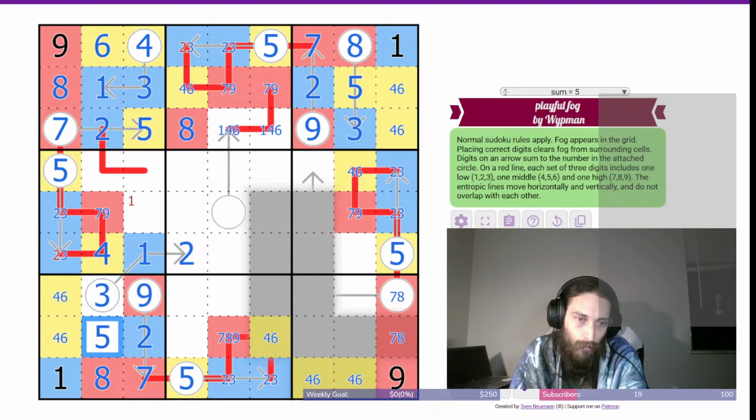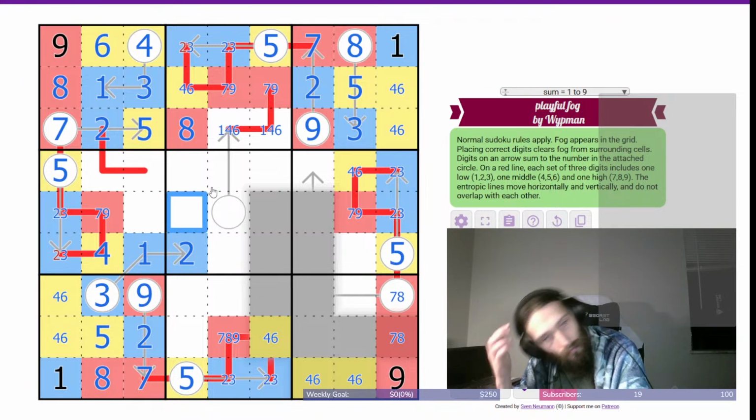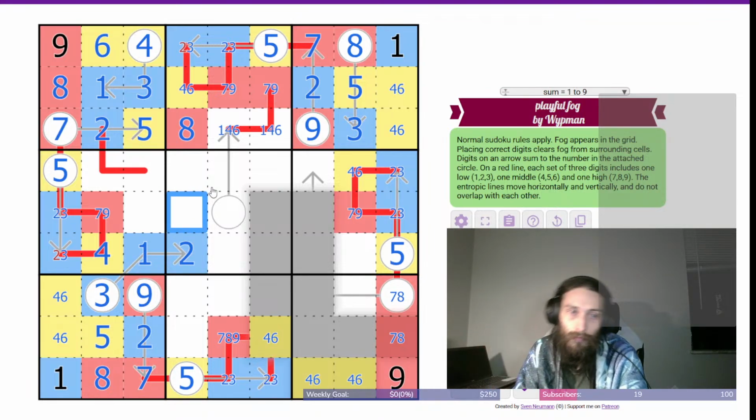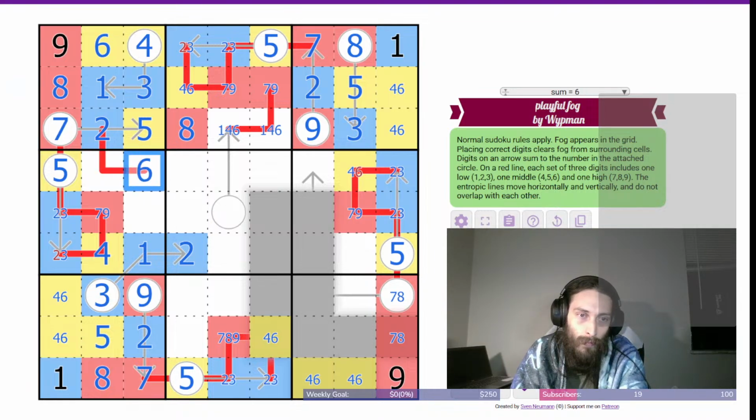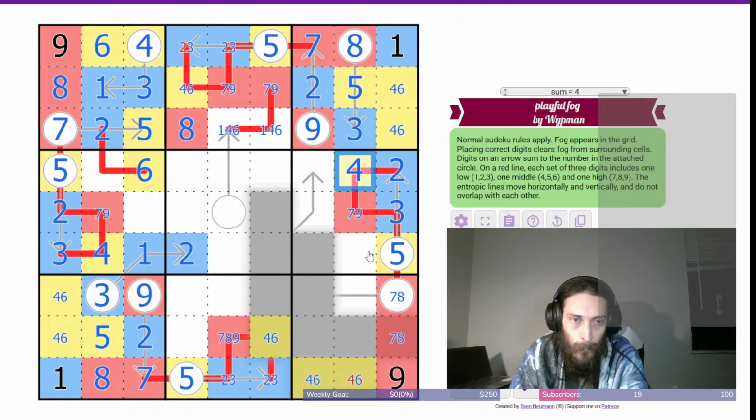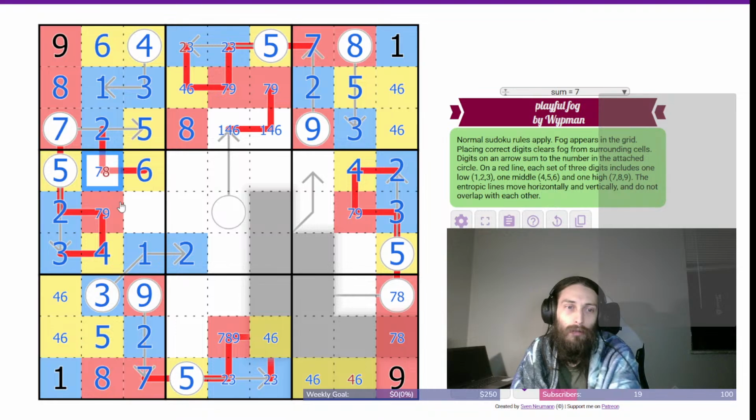A 3. And the 2 in row 6 resolves the 2, 3 in box 4. I know this one is 6 because this one can't be. One of those has to be yellow.